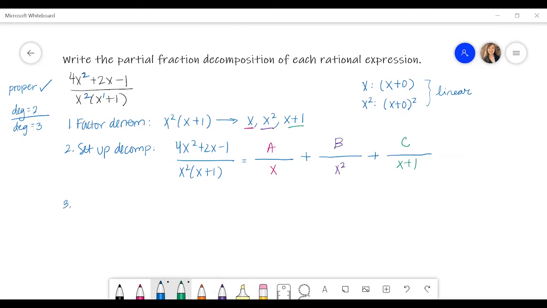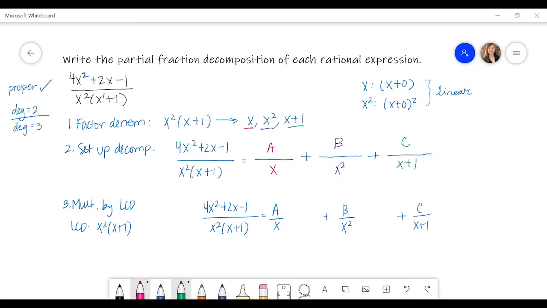So now we want to multiply by the least common denominator, and that least common denominator is x squared times x plus 1. You can break it into x times x if you really want to, but I don't necessarily think that's needed here. 4x squared plus 2x minus 1 equals x squared times x plus 1 times A over x, and so on.